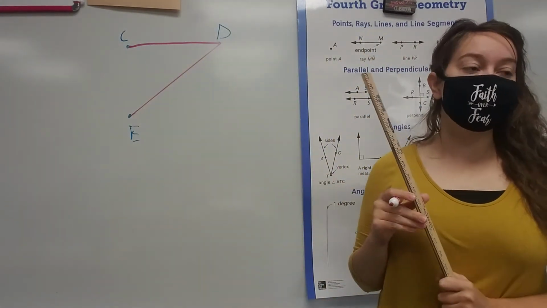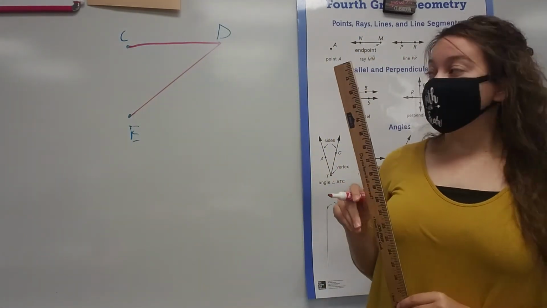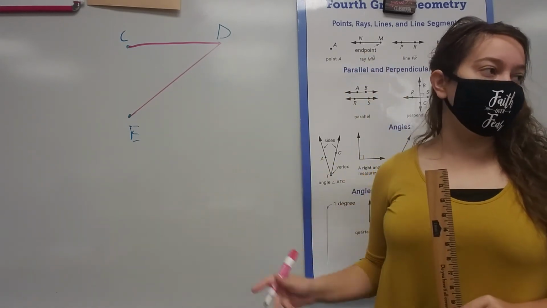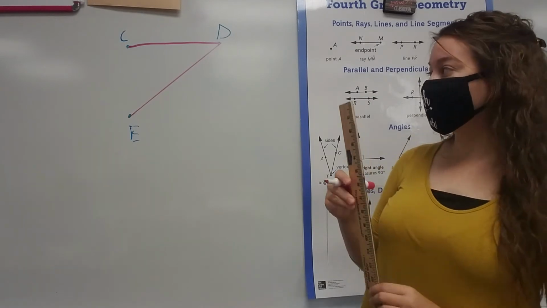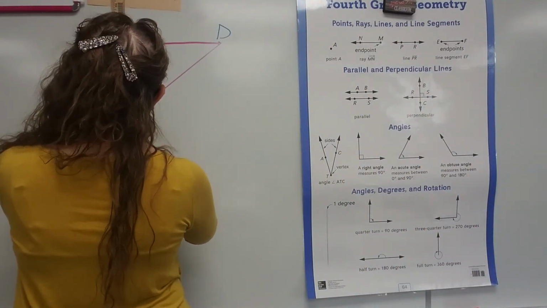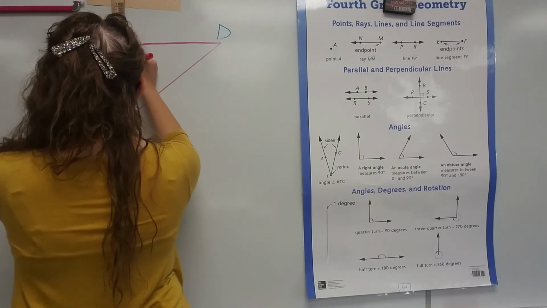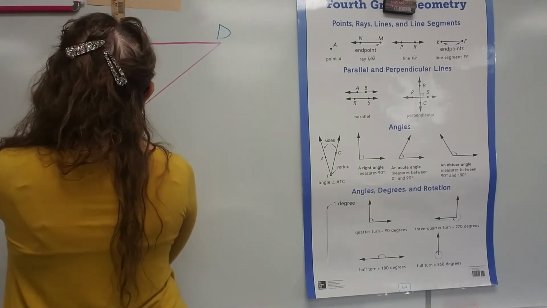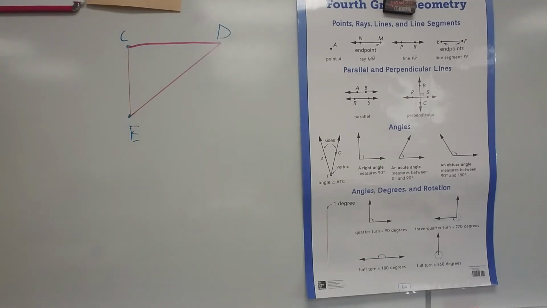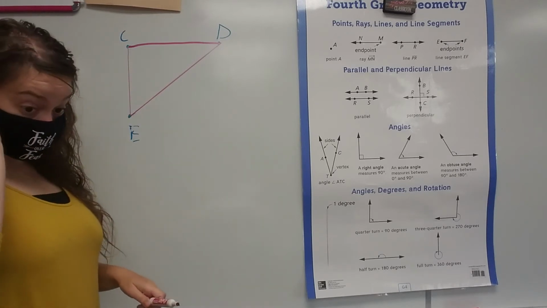That's the angle they told me, correct? Yes. But is this a triangle? No, this is an angle. So now I need to close off this side to make it a triangle. So now I need to connect C and E. So yours should look like this. Your top line should look better than mine because I didn't use the ruler on that one.